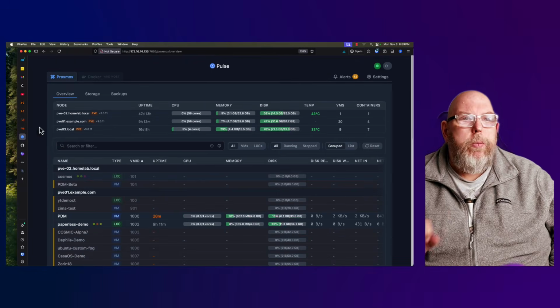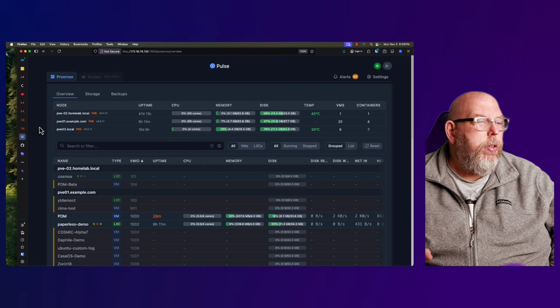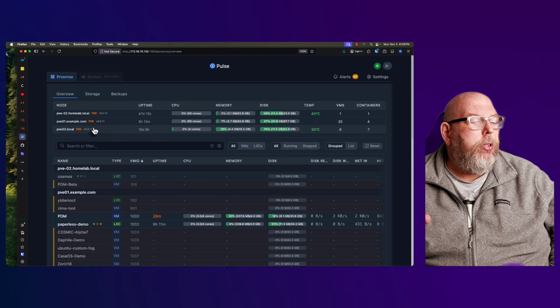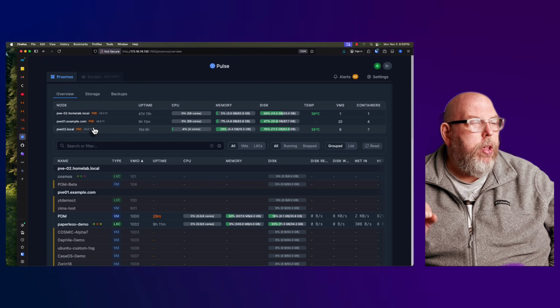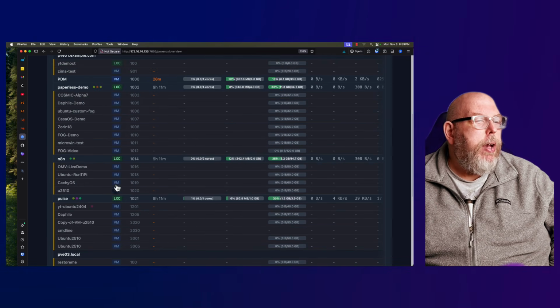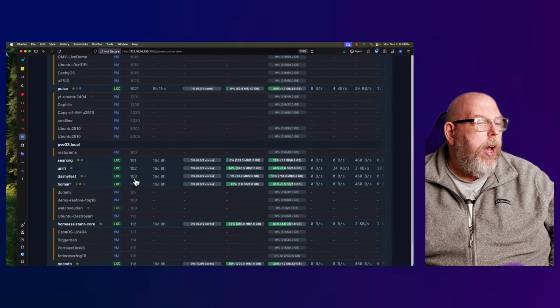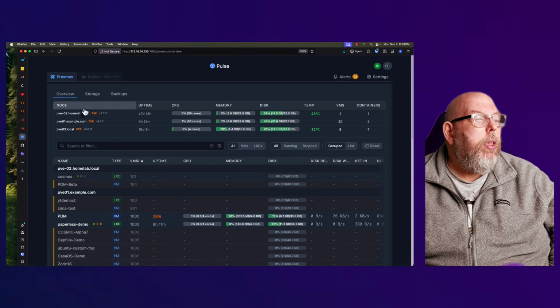Okay, what you see here on your screen is Pulse. Pulse is a monitoring system for Proxmox. You can have multiple Proxmox VE servers added into Pulse and be able to monitor them. As you can see, I've got Proxmox 1, 2, and 3 installed on here, and they're being monitored.